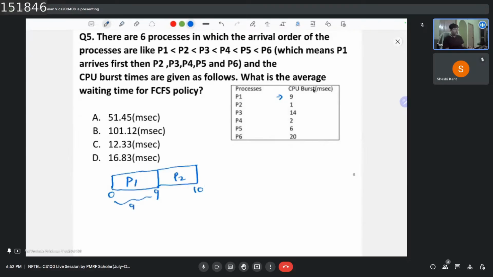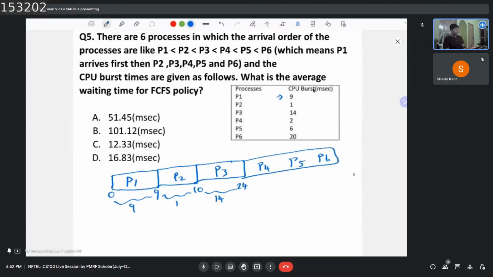So this is for 9, this is for 1, and followed by this P3 came next after P2. So that is for 14. So 24, because 10 plus 14, for 14 time units P3 gets executed. That's the CPU burst time, and then P4, P5, and P6.